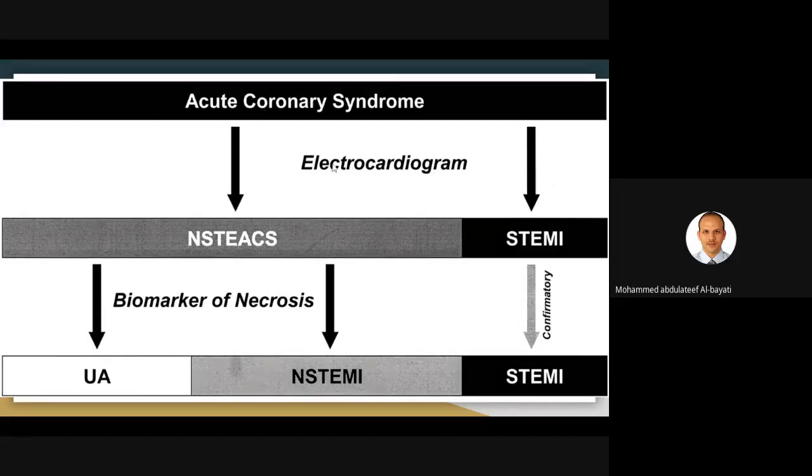Depending on the electrocardiogram, acute coronary syndrome is divided into two categories: STEMI, that is ST elevated myocardial infarction, seen in the ST segment of the electrocardiogram, and non-ST elevated acute coronary syndrome.